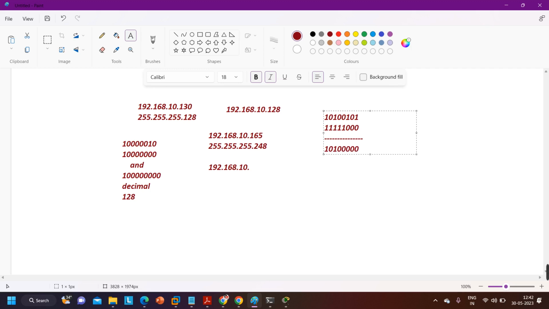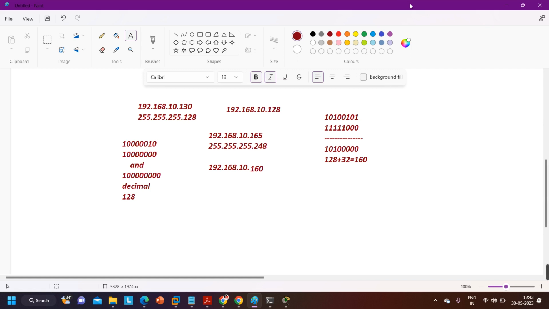All the rest will be 0. 160, I think. This one is what? 128 plus 32, which is 160. Yes or no? What value will you get over here? 192.168.10.160. I said 160. You said 160. Okay, 160 is the right answer.